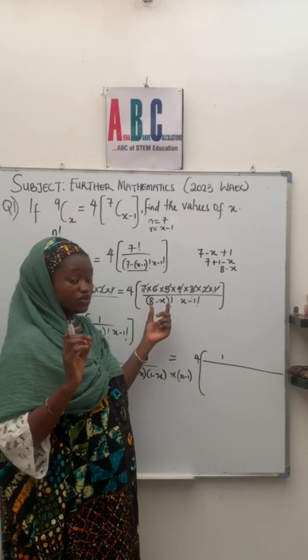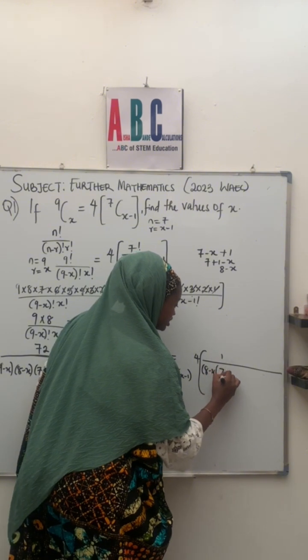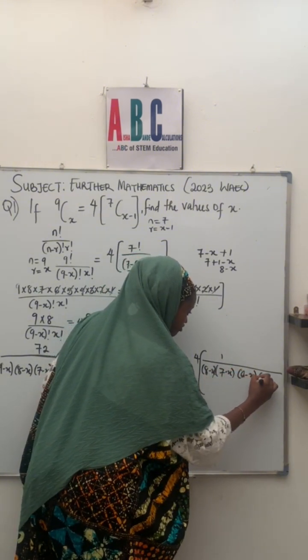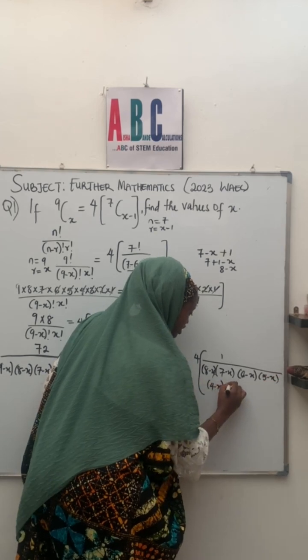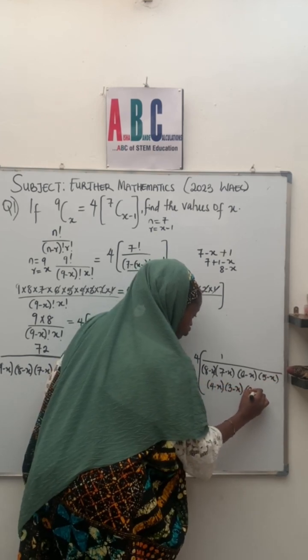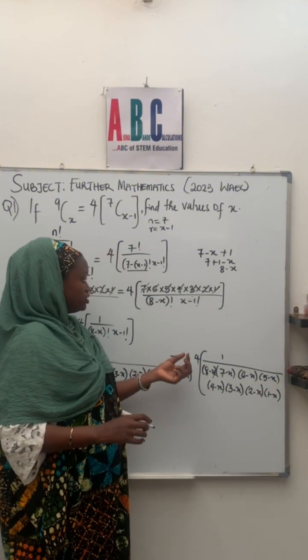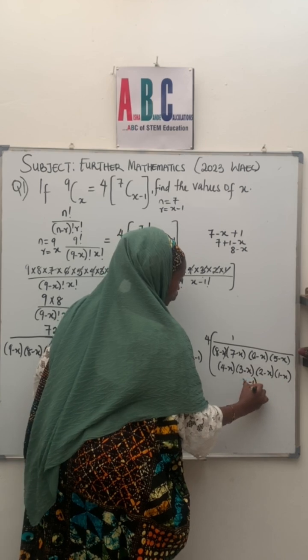Sorry, 8 minus x factorial means 8 minus x, 7 minus x, 6 minus x, 5 minus x, 4 minus x, 3 minus x, 2 minus x, up to 1 minus x. Okay, then we have the x minus 1 factorial, x minus 1.